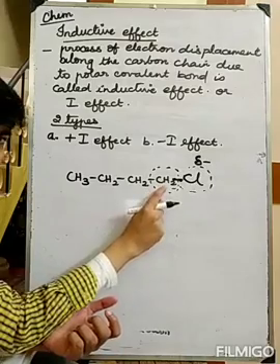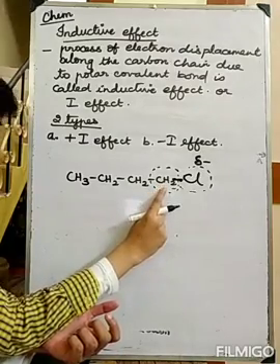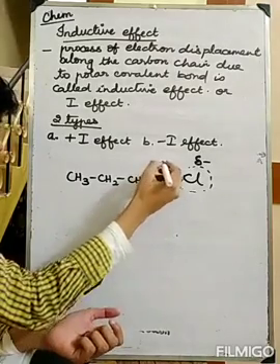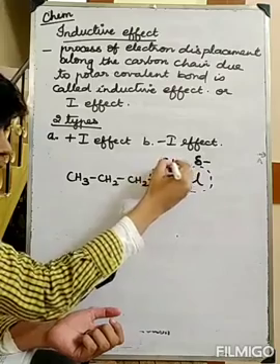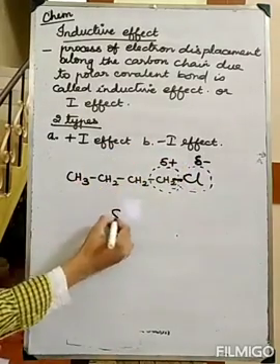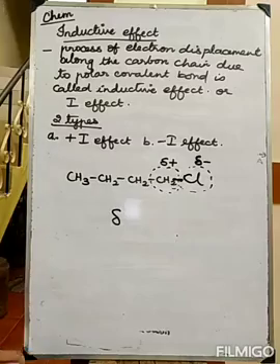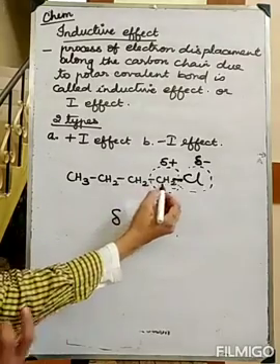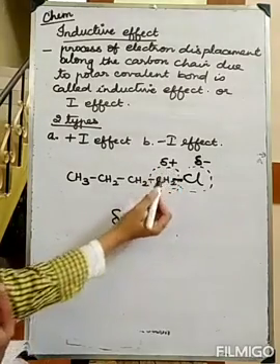This side the crowd has become less, so it will get a small positive charge. The symbol is delta, you have to write like this. Now this carbon has become slightly positive.